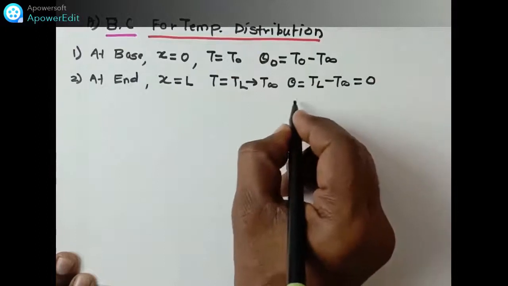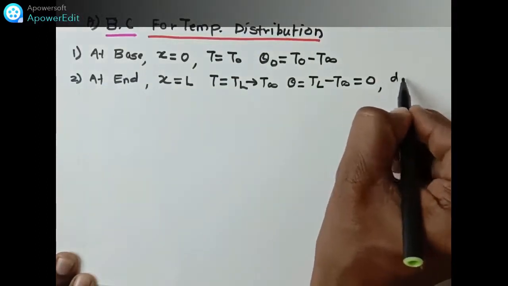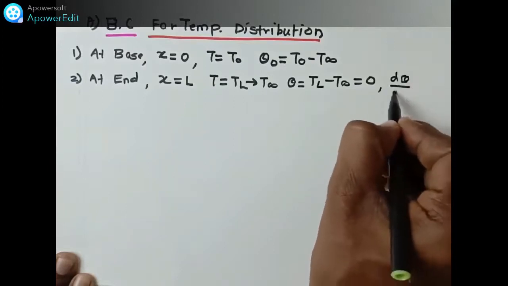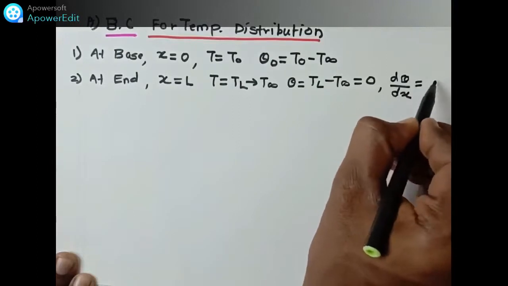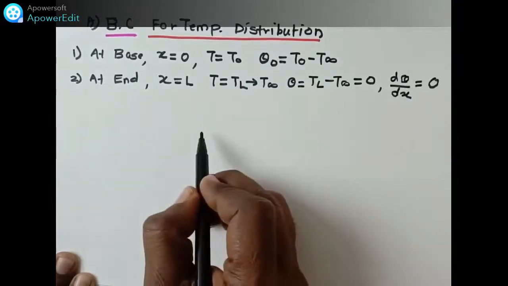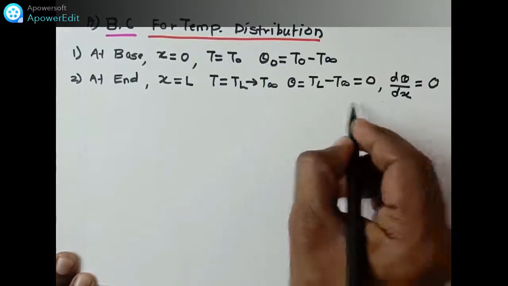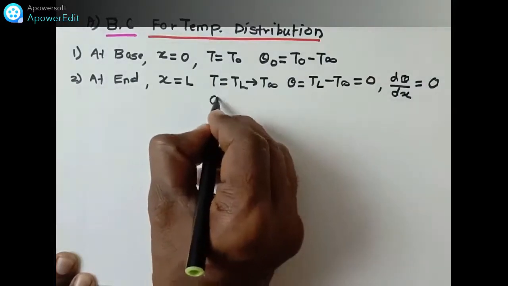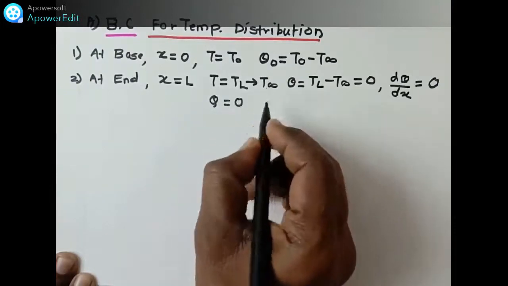Now as theta is 0, here d theta by dx, means the temperature gradient, will be 0. So as the temperature gradient is 0, in this case the heat flow rate at the end of the tip will be 0.